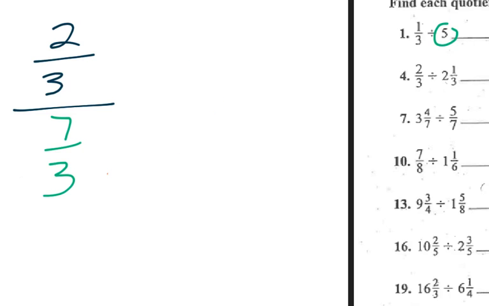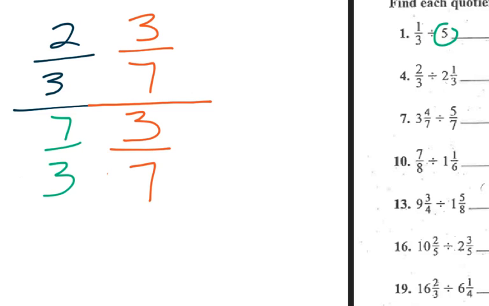So go ahead and try to do it yourself first. Think about what you're going to do, and you're always going to do the same thing. You take the bottom number, I'm going to extend my line here, and you just flip it over. So 3 will now be on top, and 7 will now be on the bottom. Then you write that same thing above and multiply straight across.